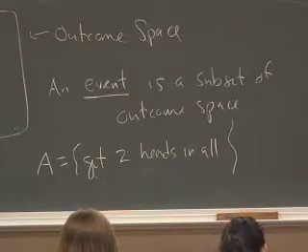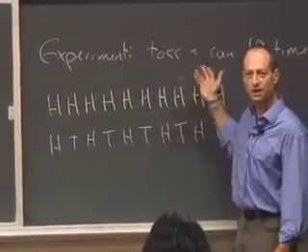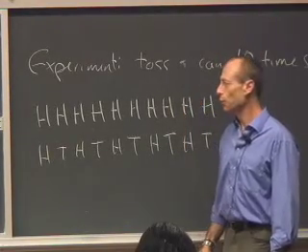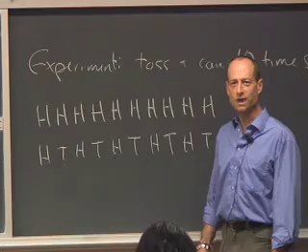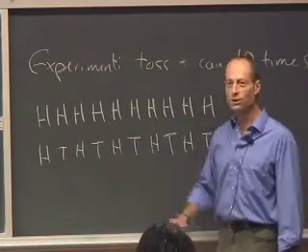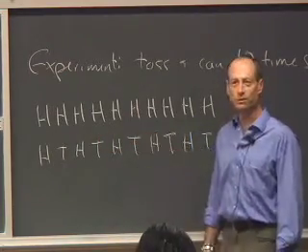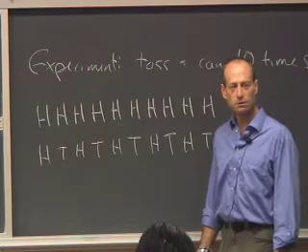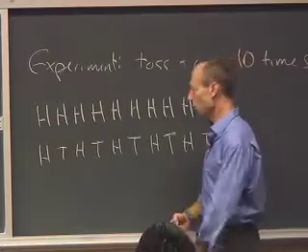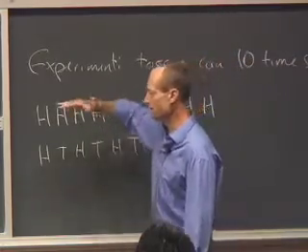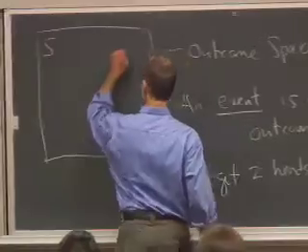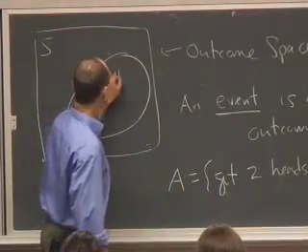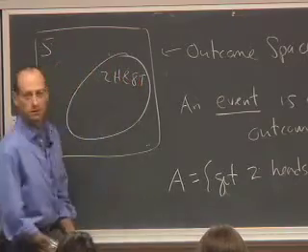If outcome space is all sequences of 10 heads and tails, sequences of length 10 comprised of heads and tails, what does A actually look like? We've written it in words, but how would we write it in terms of these outcomes? Okay, so the subset of outcome space that corresponds to getting 2 heads and 8 tails, right?